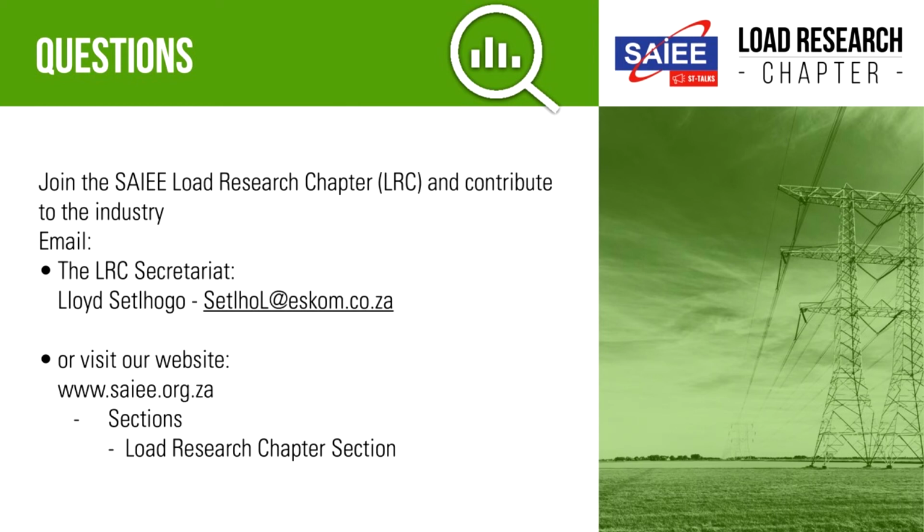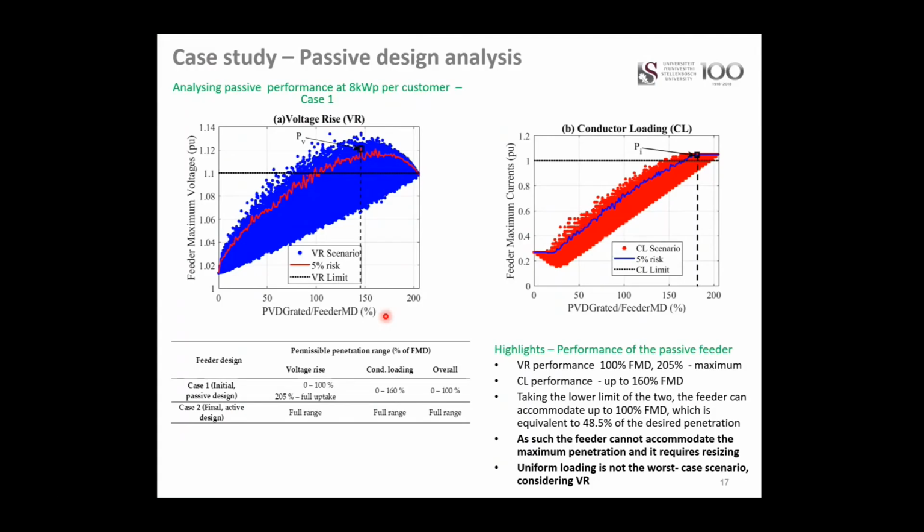And how would that compare to the current NRS limits, being cognizant of the fact that it will differ from one network to the next? But as a guideline, is there an indication of what percentage hosting one can accommodate without necessarily impacting the existing network? Thank you. I'll probably respond to your question using this diagram here.